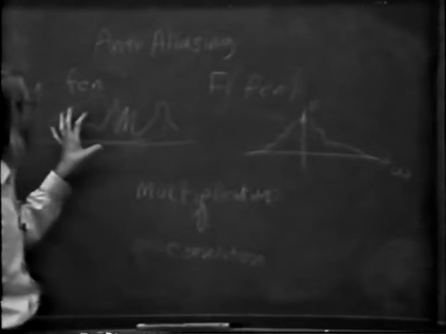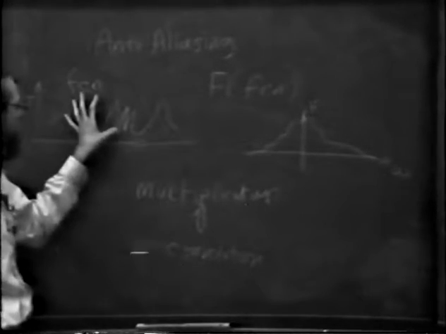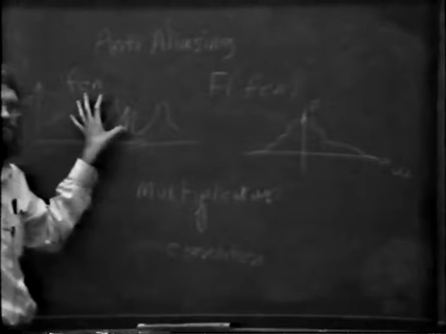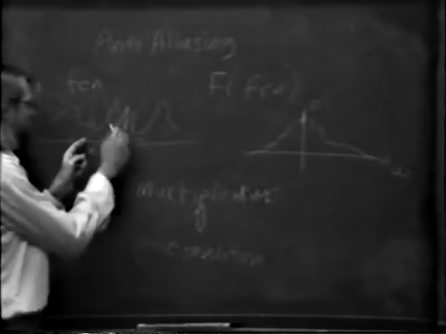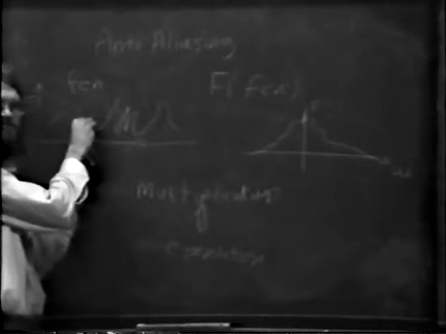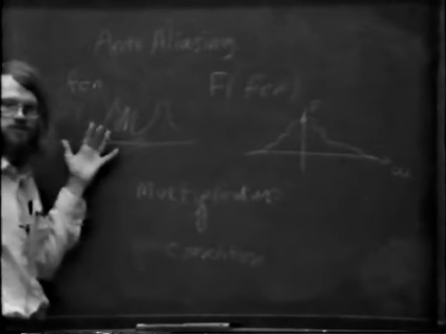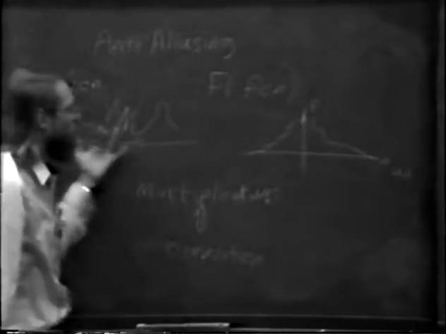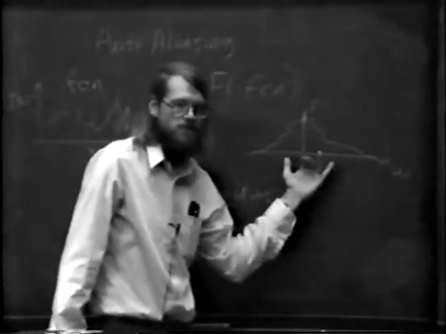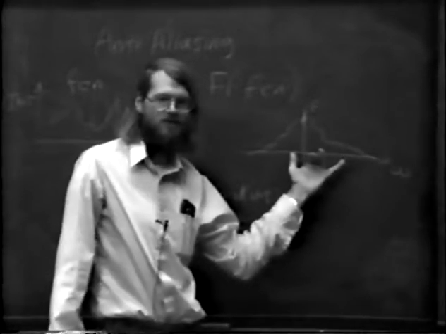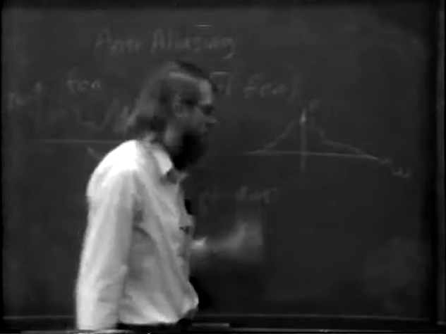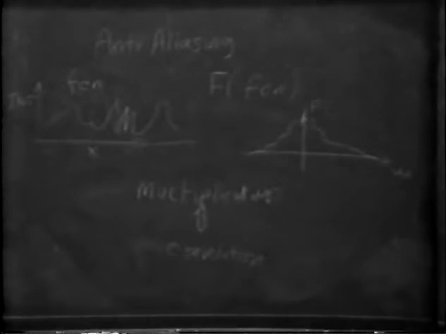If you take two functions here and you multiply them together, that is, each point along here in x, you multiply the value of the first function and the second function, just multiply them together, and this gives you a new function, right? What happens to the Fourier transform of that thing is that the two Fourier transforms are convolved with each other. Let me briefly mention what convolved means.